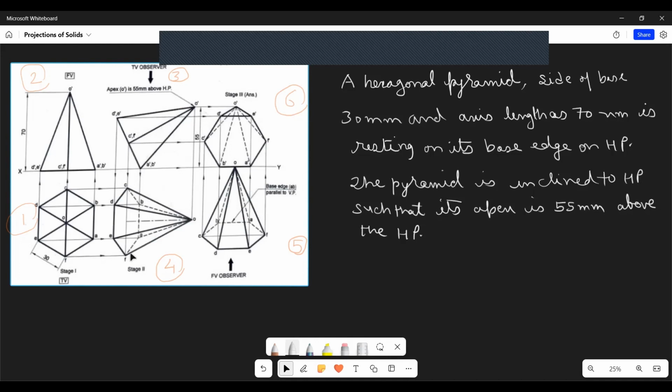Now, in order to write the question for stage 3, if we compare figure number 4 and figure number 5, we can see that this edge AB on which this hexagon is resting is vertical in stage 4, whereas in stage 5, this AB edge is horizontal. In other words, AB is perpendicular to the VP in stage 2, and AB is parallel to the VP in stage 3.